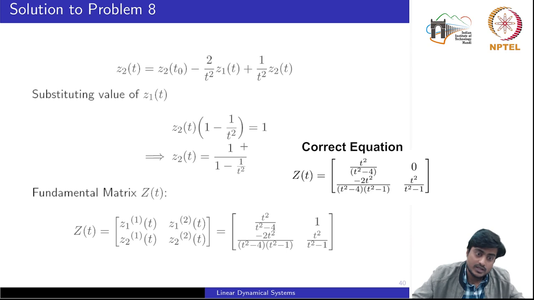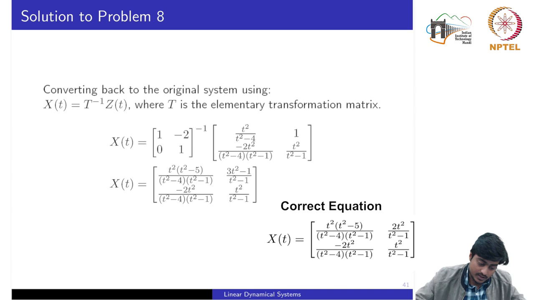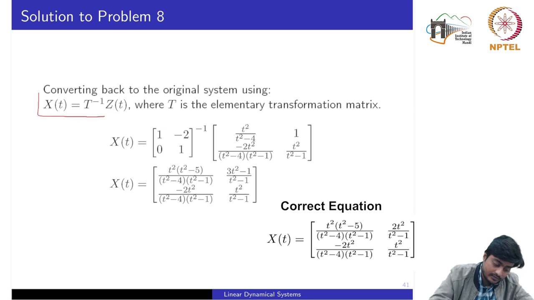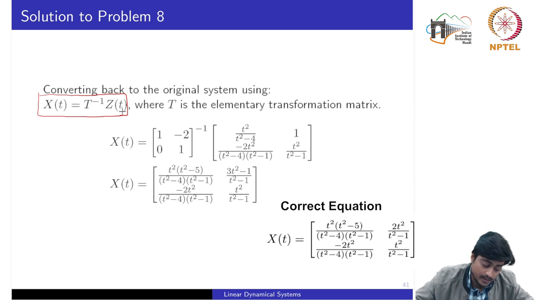Now with respect to those initial conditions and the solutions we have obtained, we compute the fundamental matrix, which we call capital Z of t, the fundamental matrix with respect to the new state variables z1 and z2. This is also one of the results we had studied: if two pairs are algebraically equivalent, their fundamental matrices would also be related by the transformation matrix.